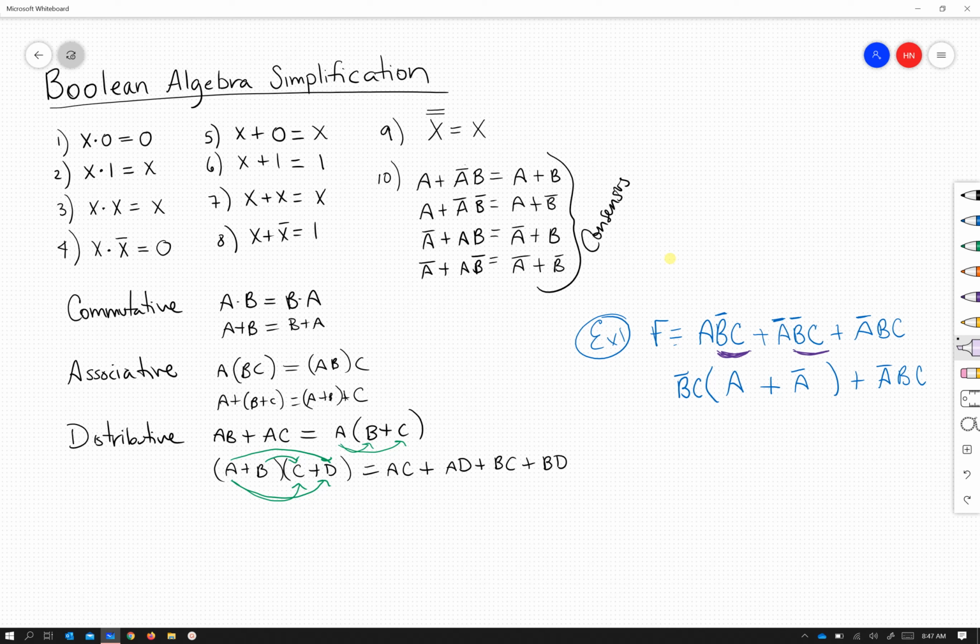No, I don't. Do you see opposites? Yes, I see opposites right here. These two are opposites. So I'm going to use rule number 4 or rule number 8, one of those. Rule number 4 is opposites ANDed or multiplied, and rule number 8 is opposites ORed or added.